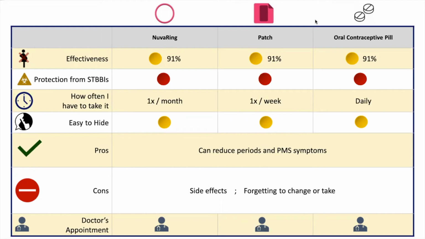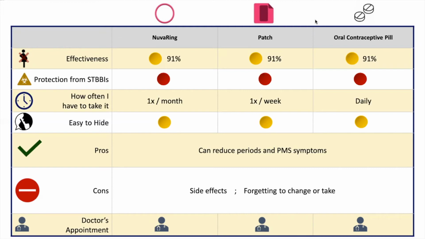And lastly, the oral contraceptive pill. There are 2 kinds, one pill that contains estrogen and progesterone, and another pill that contains progesterone only. For the pill, you take 1 pill every day for 3 weeks. And on the 4th week, you do not take any pill, or you take what we call a sugar pill. During that week, you are going to get your period.